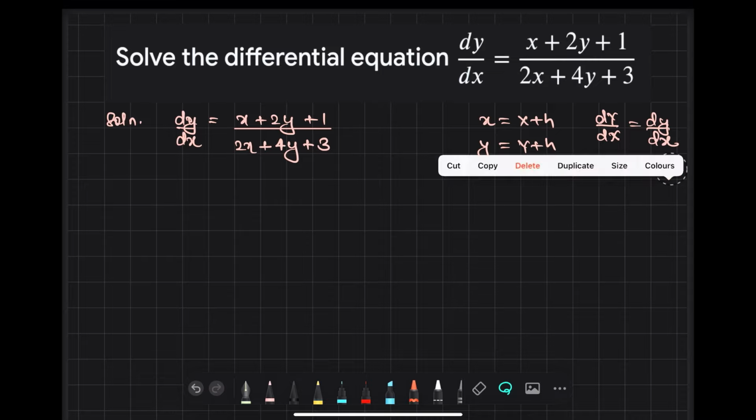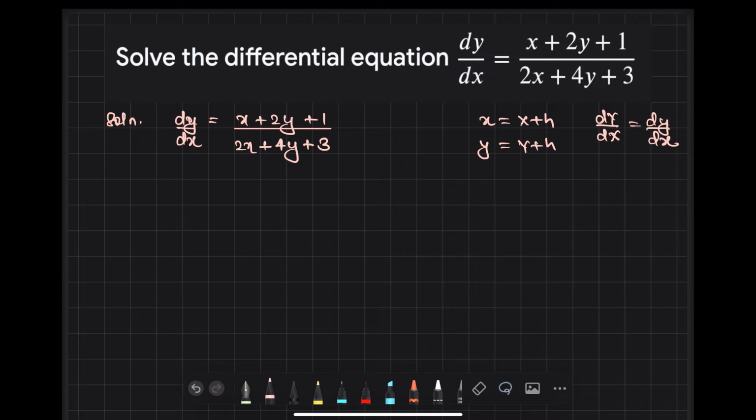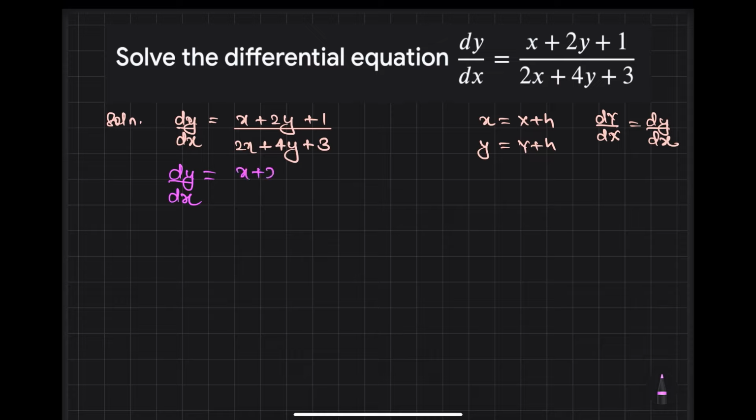Now look at this. What we will do is write dy by dx is equal to (x plus 2y plus 1) over 2 times (x plus 2y plus 3).